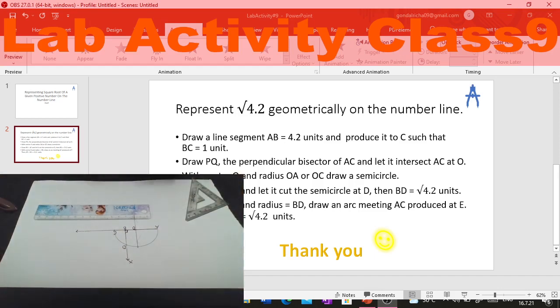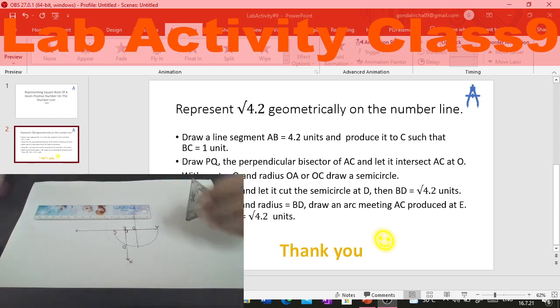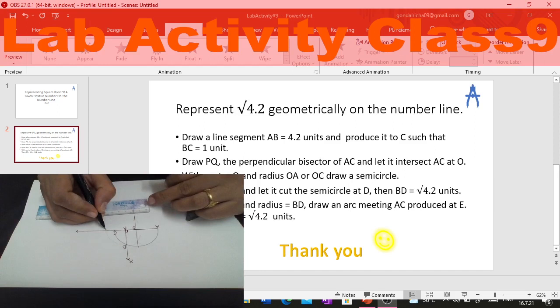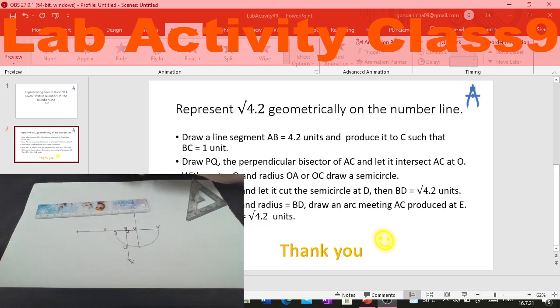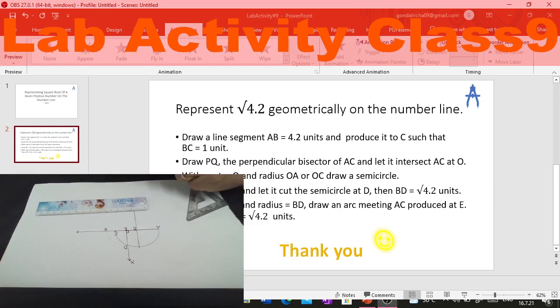Now with B as center, I will draw an arc to intersect the given line at point E. So this is the point E. Now BE will be equal to BD and this is equal to under root of 4.2 centimeter.